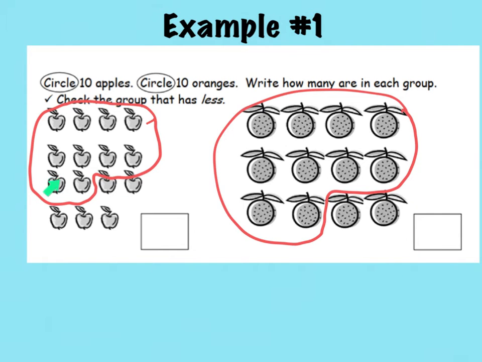For apples, there are 10, 11, 12, 13, 14, 15 apples. For oranges, there are 10, 11, 12 oranges. 12 is less than 15.